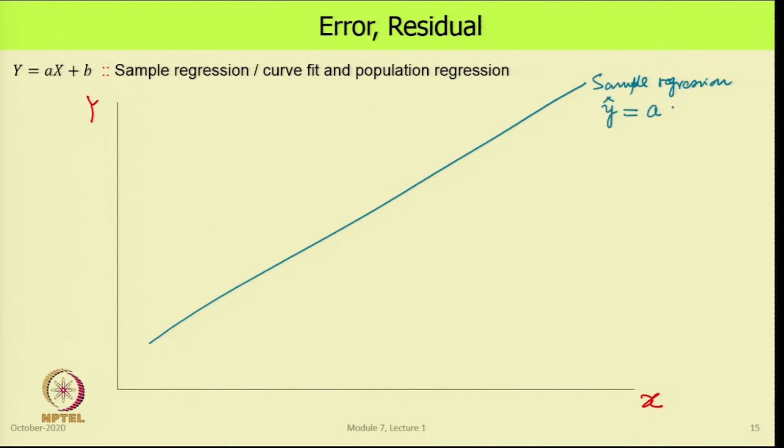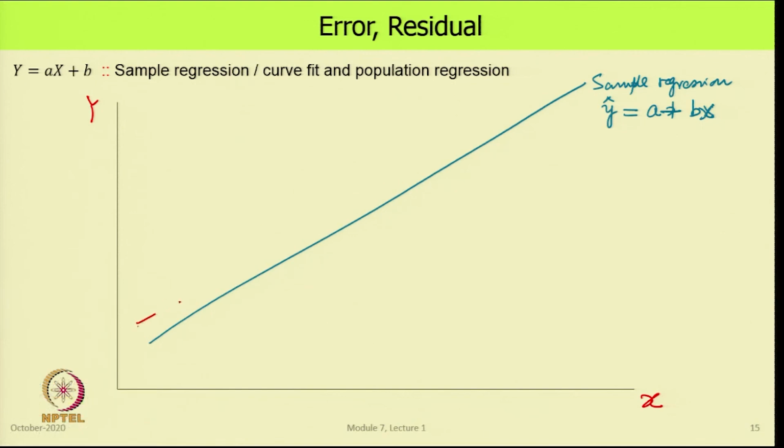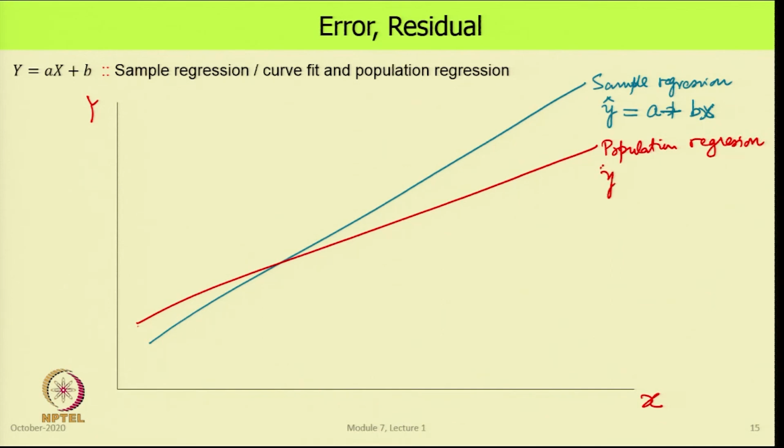This is a plus b x, and then we draw a second line which is the population regression, which we will call y tilde is equal to alpha tilde plus beta tilde times x.